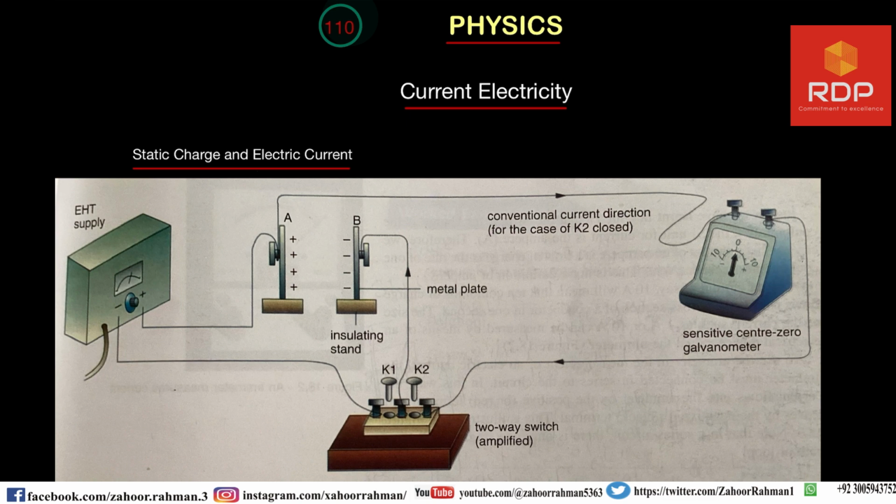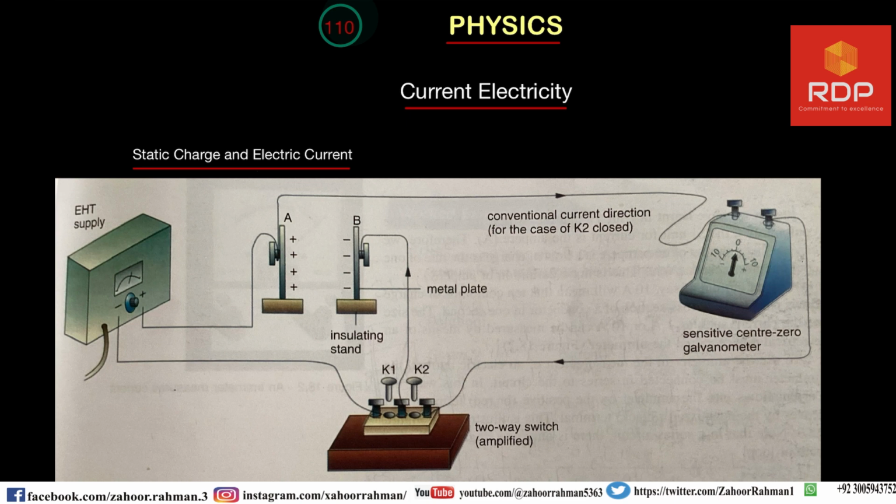At the start of the experiment, the two plug keys K1 and K2 are taken out, and the two metal plates A and B are uncharged.